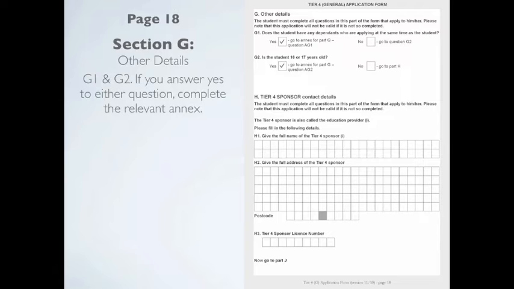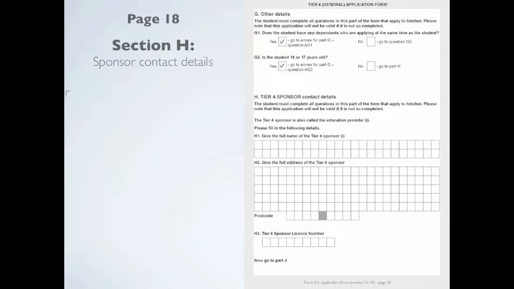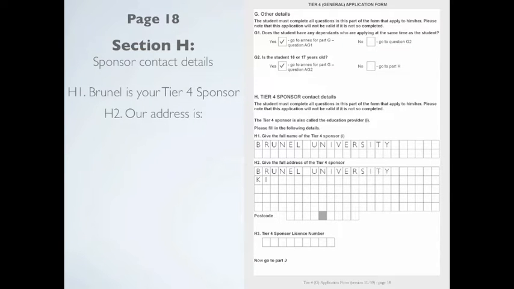Page 18, Section H, Tier 4 Sponsor Contact Details. H1. Brunel University is your Tier 4 sponsor, so enter Brunel University. H2. Our full address is Brunel University, Kingston Lane, Uxbridge, Middlesex.